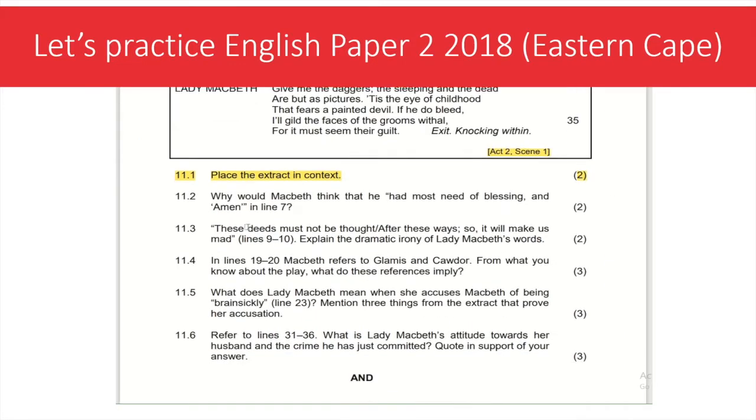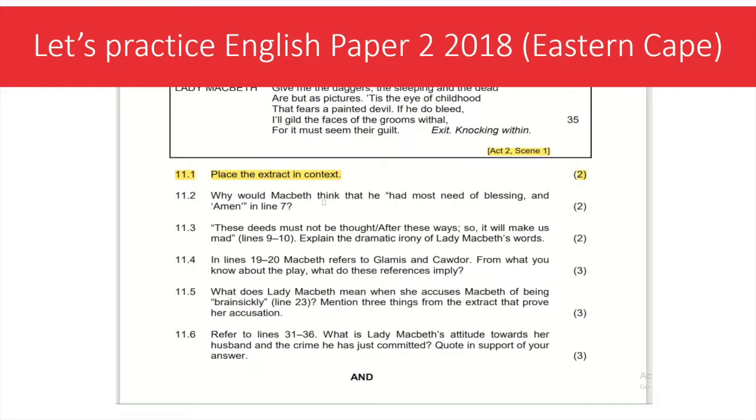Let's look at 11.2. Why would Macbeth think that he had most need of blessing and amen in line 7? So why, meaning you need to explain that he has need of most blessing and amen in line 7 for 2 marks. So this is where you need to know the plot and the characters very well.